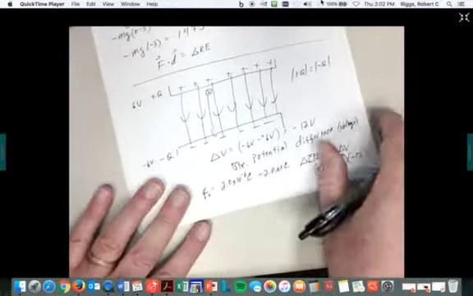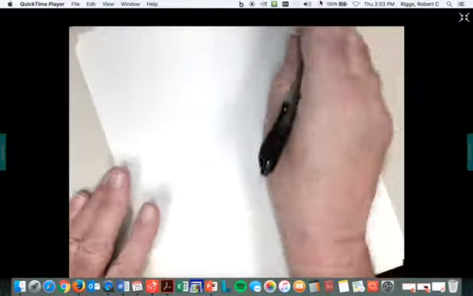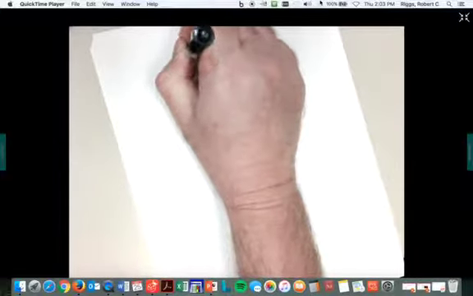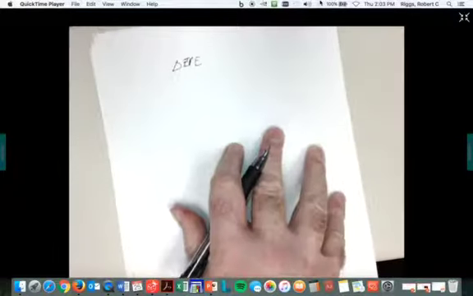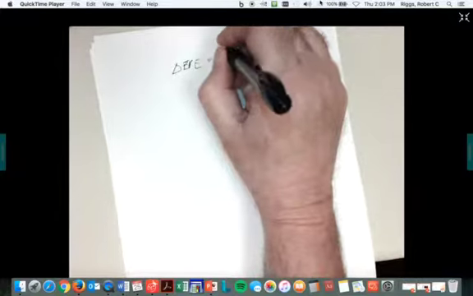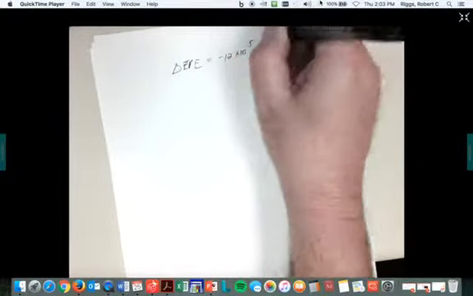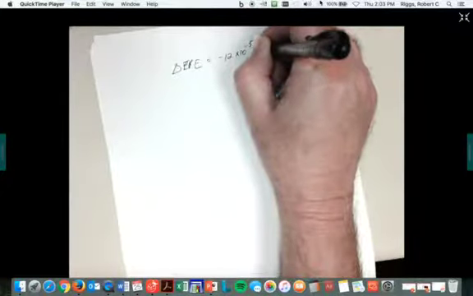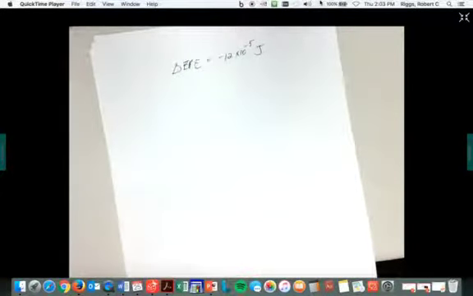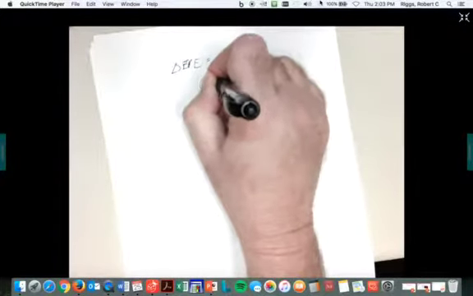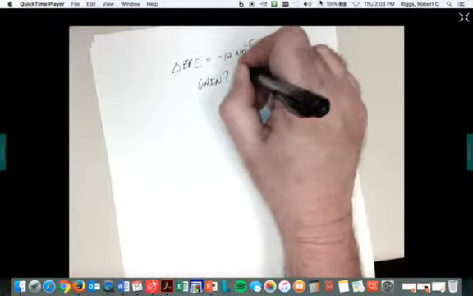So its change in electric potential energy is equal to negative 12 times 10 to the negative 5 joules. It lost electric potential, so what did it gain? Kinetic energy.